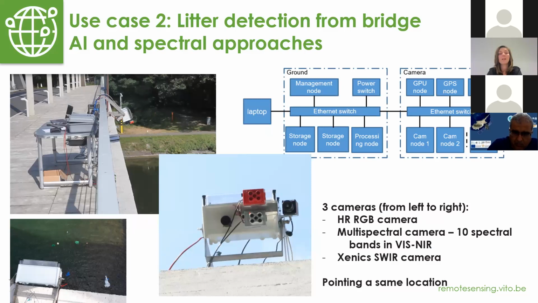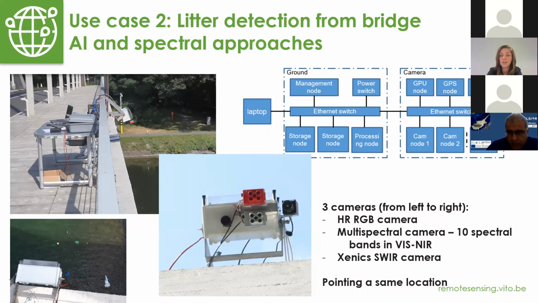A second use case is a completely different case. It's where we used several cameras, mounted on a bridge, looking at the water. We used 3 different types of cameras: a high resolution RGB camera, you can see the one mounted in the middle of the box.